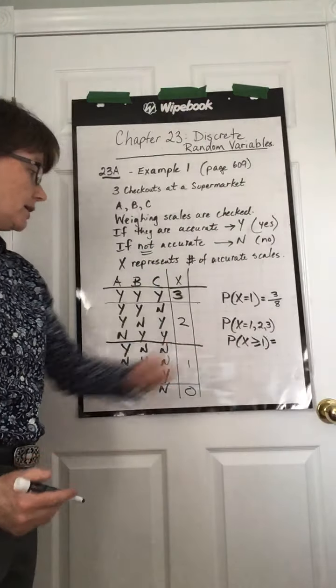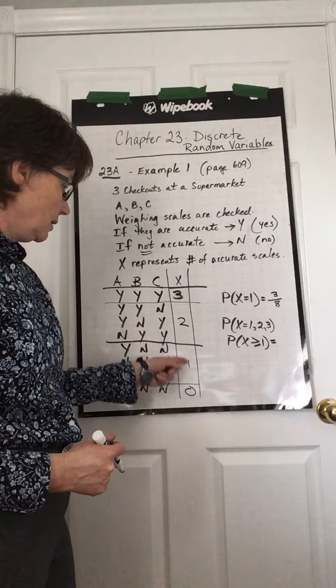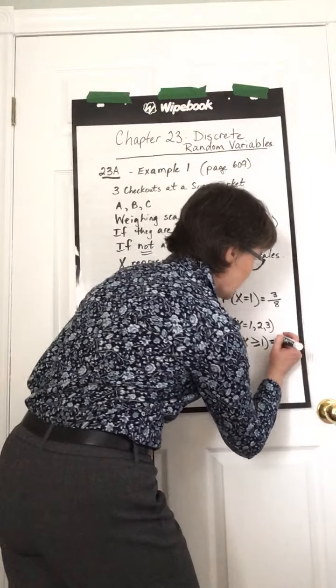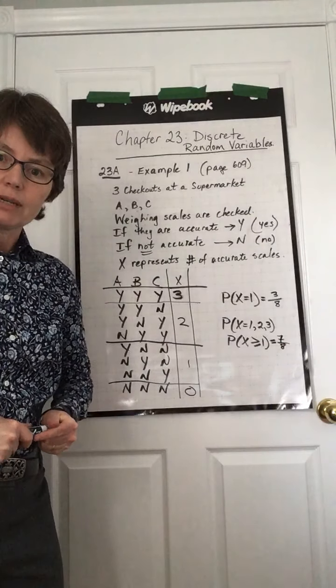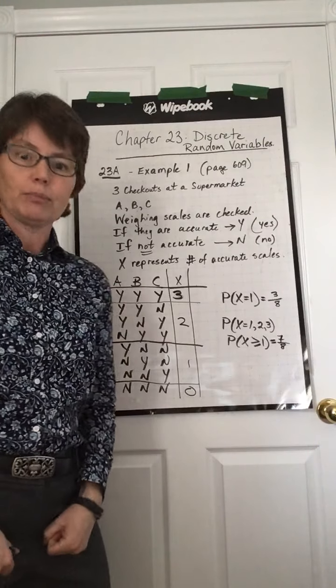I'm going to take it one step further again, we're looking for X is equal to 1, 2, or 3. So 3, 4, 5, 6, 7 out of 8 would be that probability. Okay, so using the proper notation and figuring out what is happening by listing the possible outcomes.